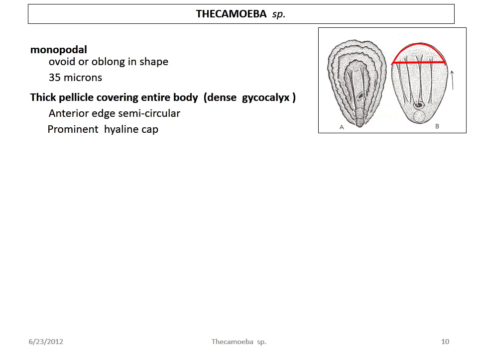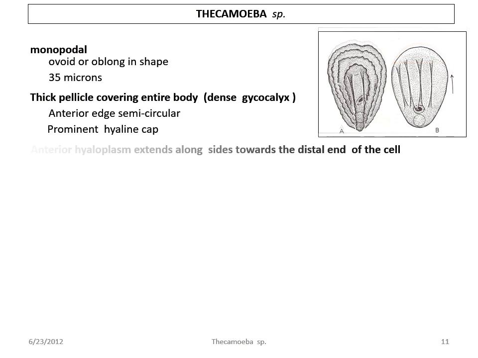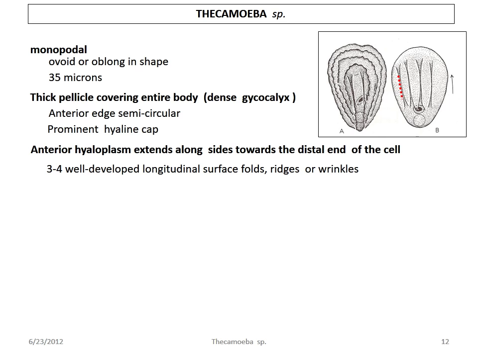This feature tends to result in a prominent hyaline cap. The anterior hyaloplasm extends bilaterally along the sides of the cell towards the distal end of the cell. Well-developed longitudinal pellicular folds, wrinkles, and ridges mark the surface.